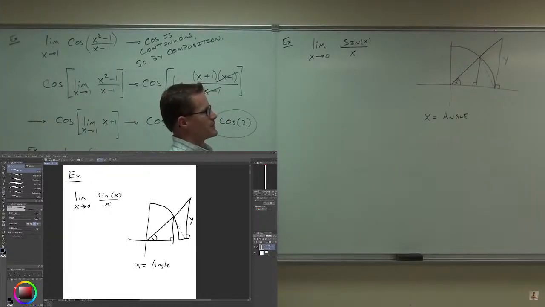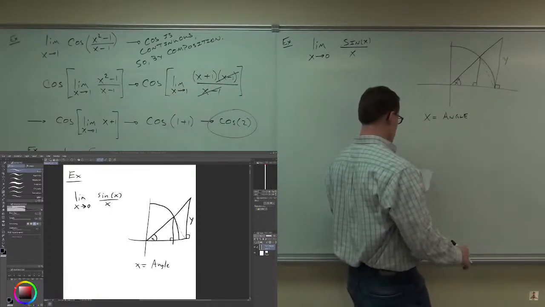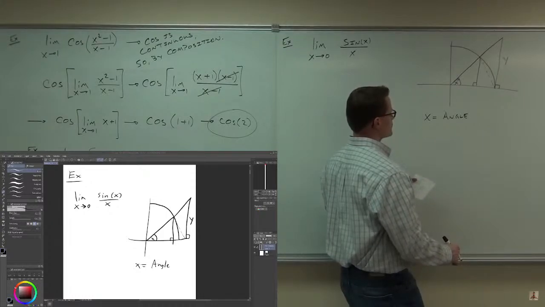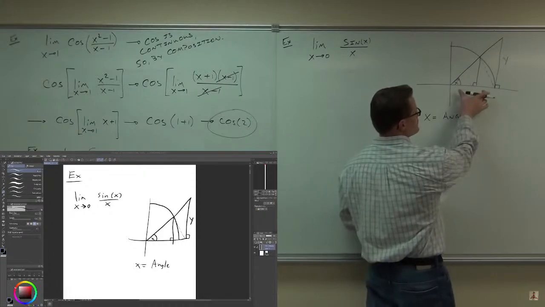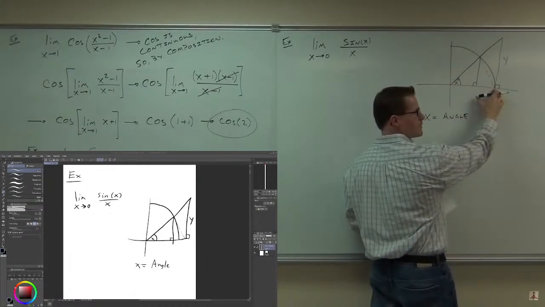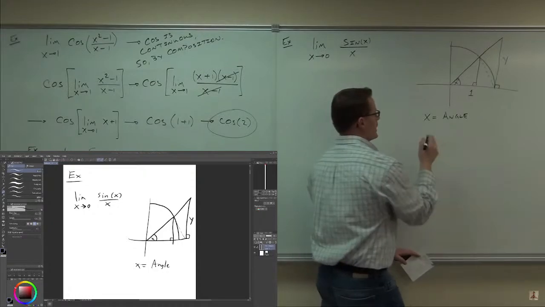Now, if we need to solve for that, this is going to be our tan x. How far is this distance right here, from here to here? 1. Why? Unit circle.